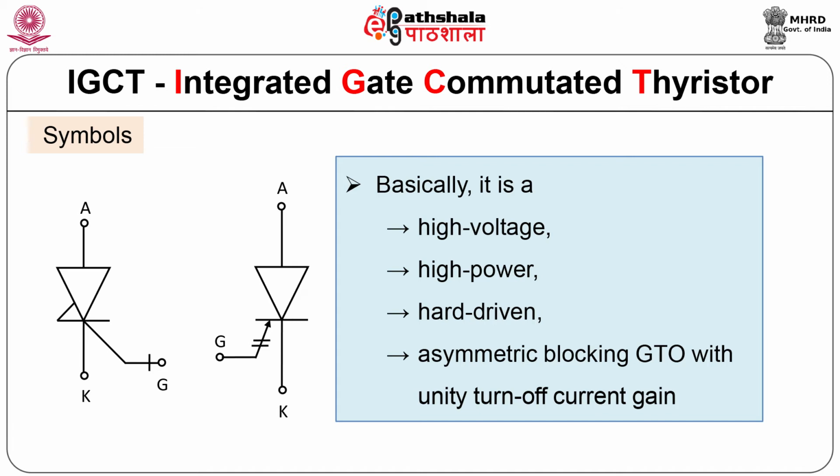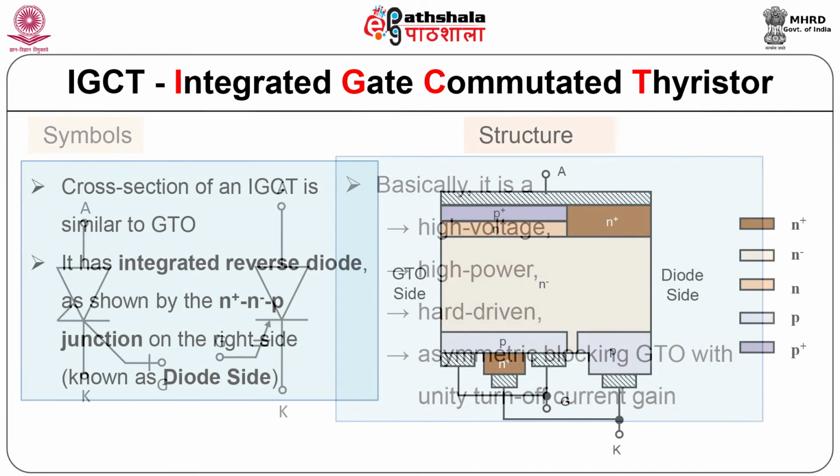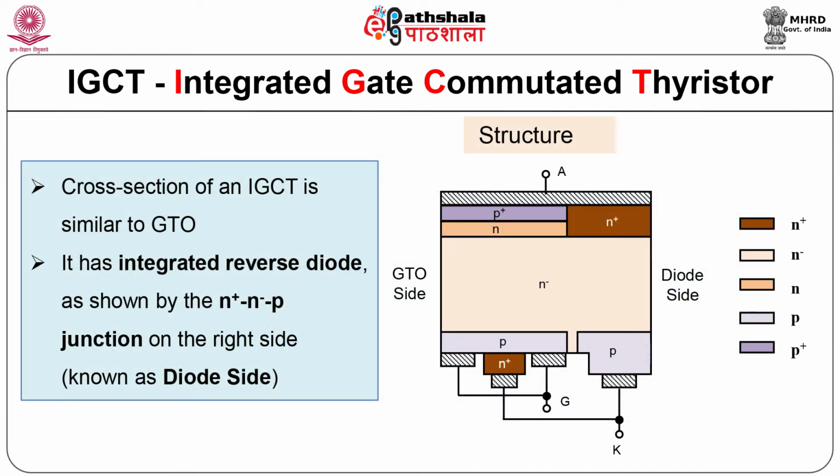Structure of the IGCT is as shown in the figure. It is a cross section of IGCT. If you see this cross section, it is similar to GTO. It has an integrated reverse diode as shown in the N plus, N minus, P region.